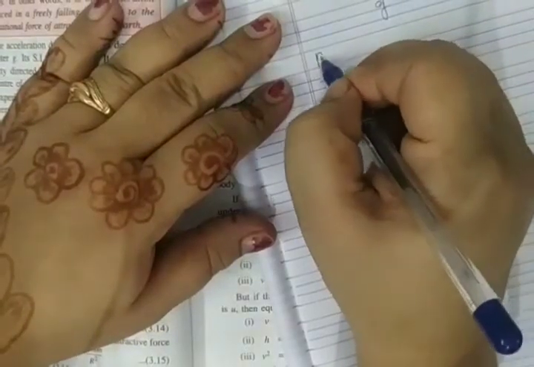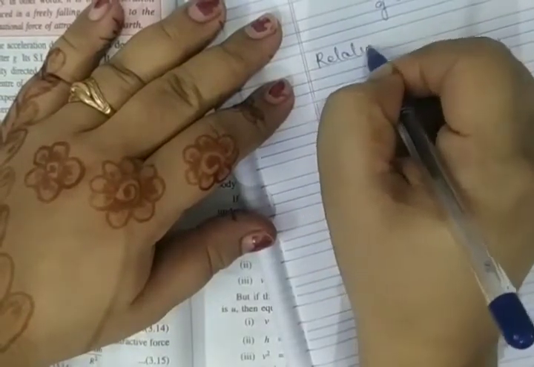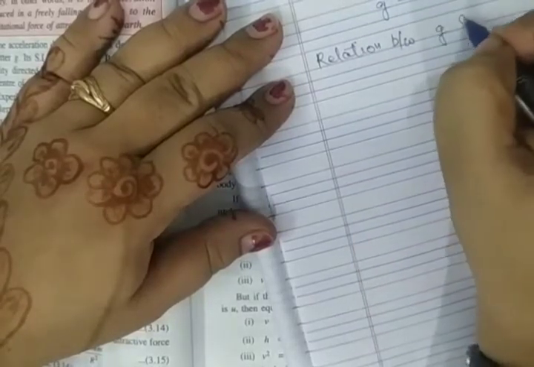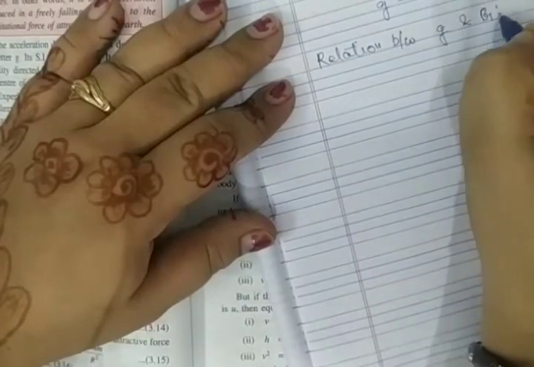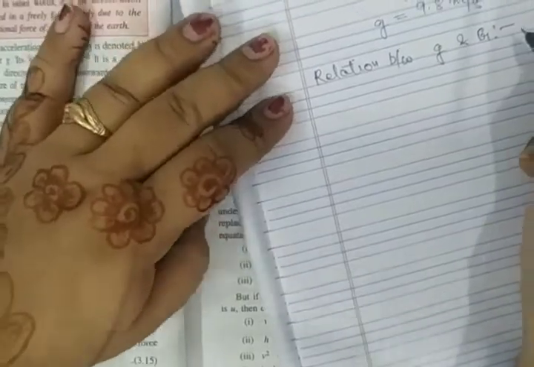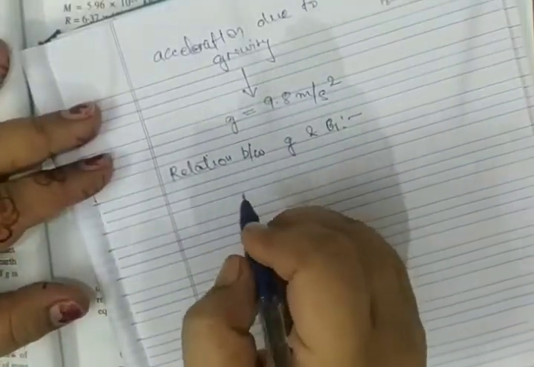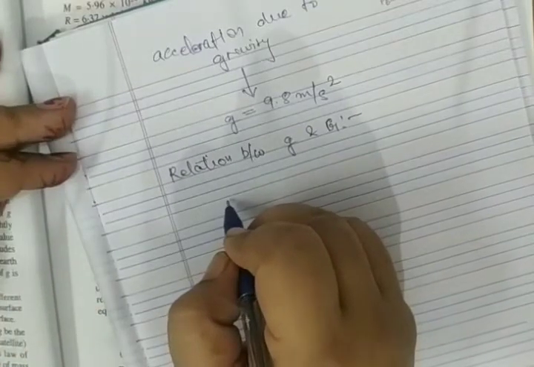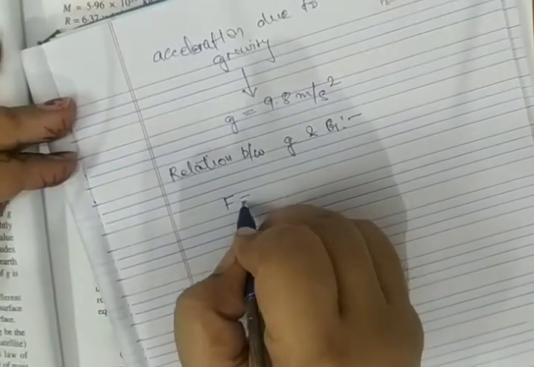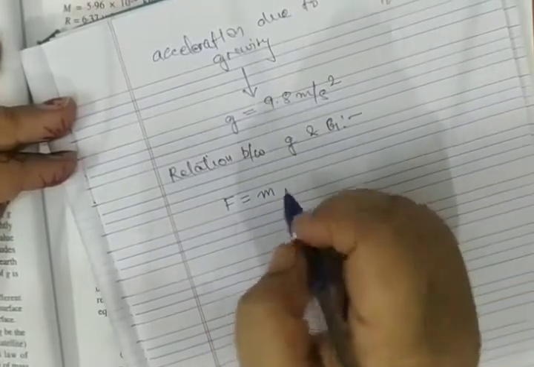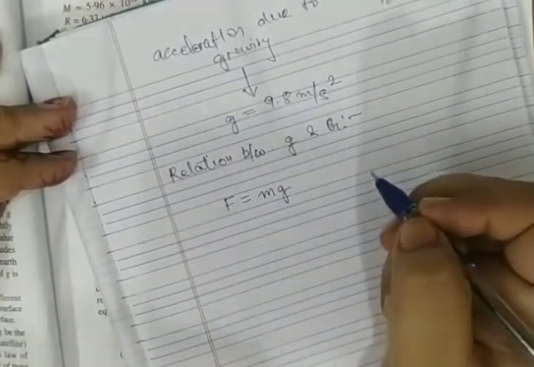Then there is one more thing, a relation between small g and capital G. See, you already know that F is equal to ma. So if a body is falling freely, then F is equal to mg.